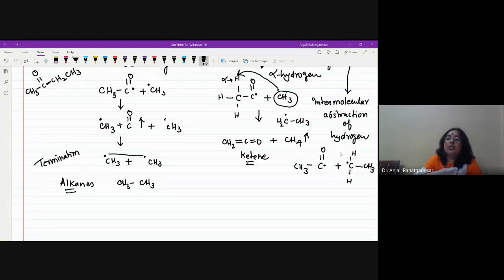One of the hydrogens is abstracted, since carbonyl compounds have a very strong tendency to abstract protons, and that abstraction will give you the aldehydes and the alkenes.